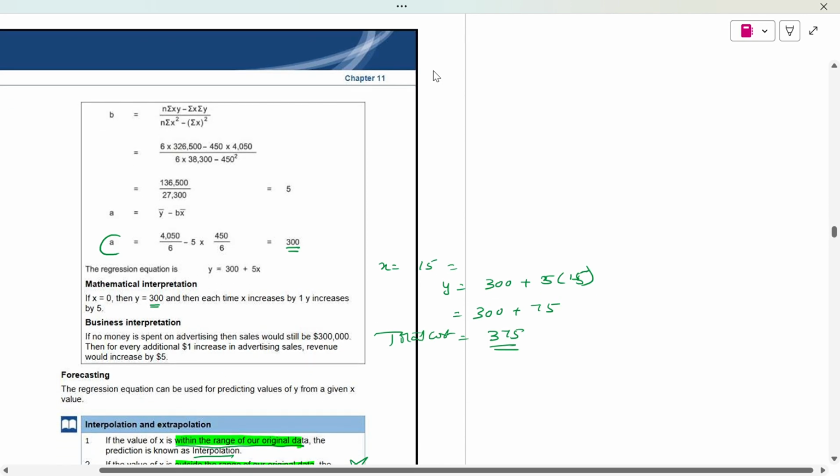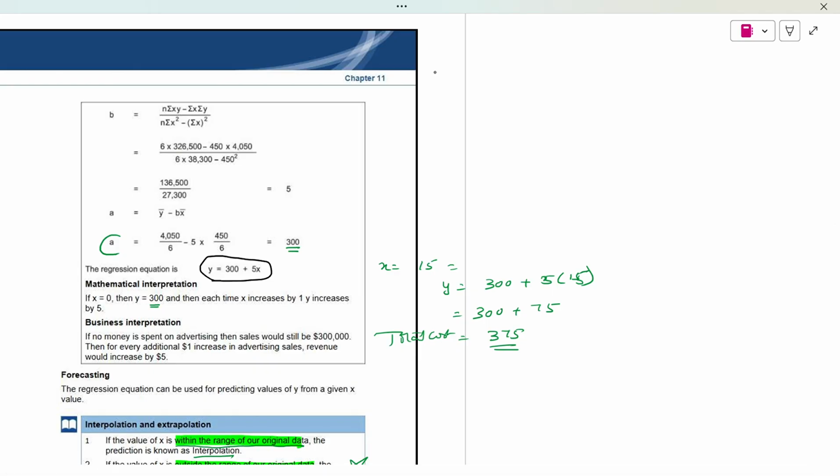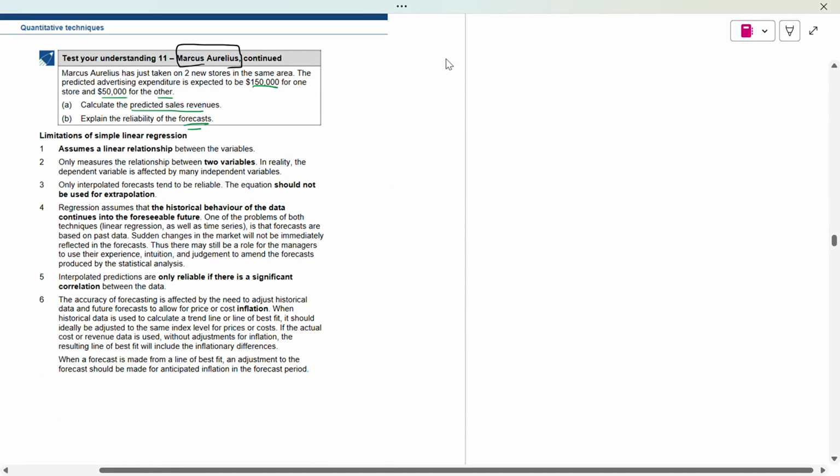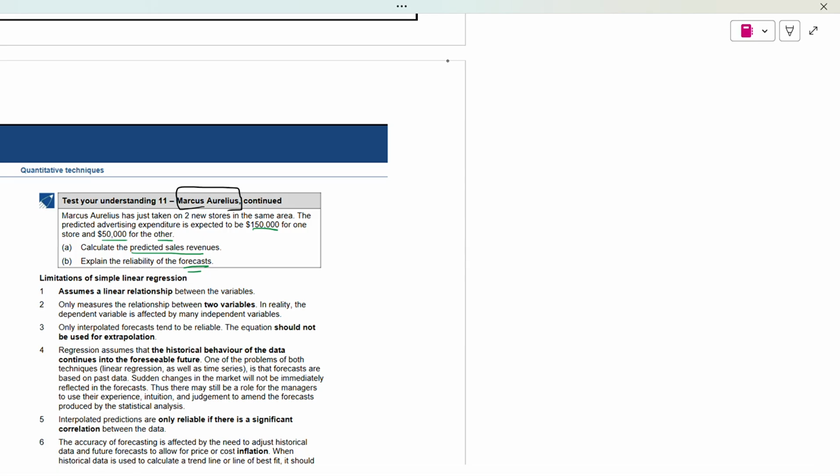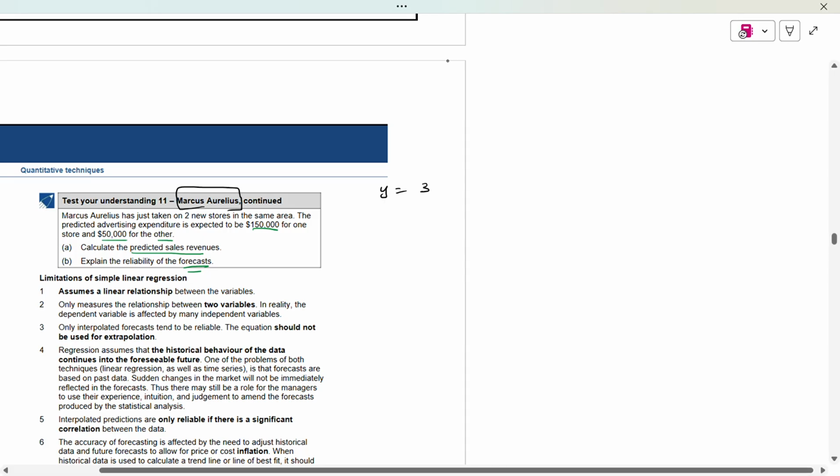What is the equation here? The regression equation: Y equals 300 plus 5x. Y equals a plus bx.